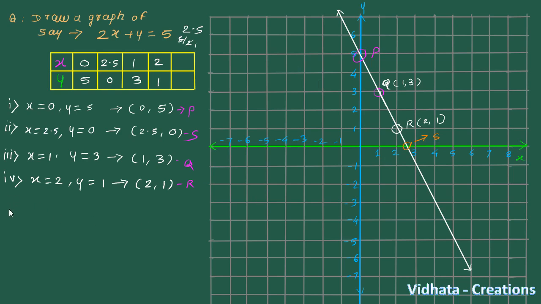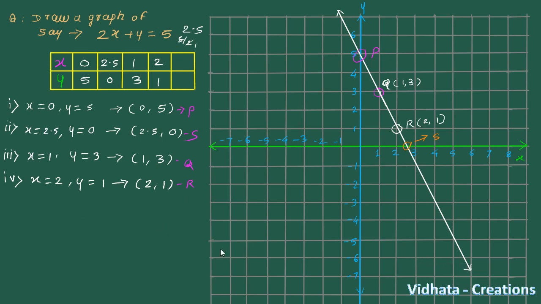It means, here we have 4 solutions, but how many solutions can you find? An infinite number of solutions. So if you find more and more points, you will find that all those points, the solutions of this equation, completely lie on this line.